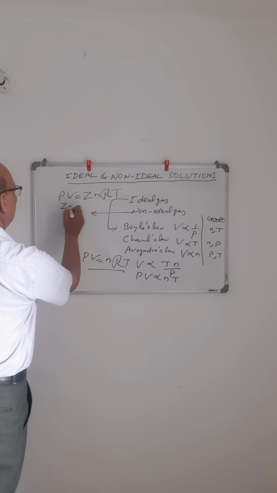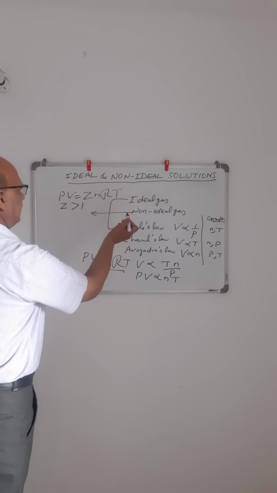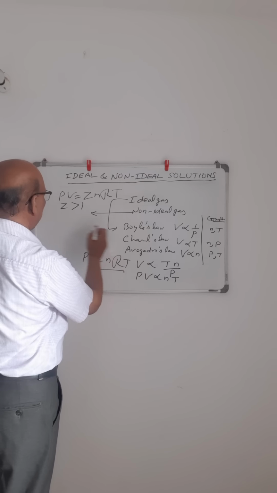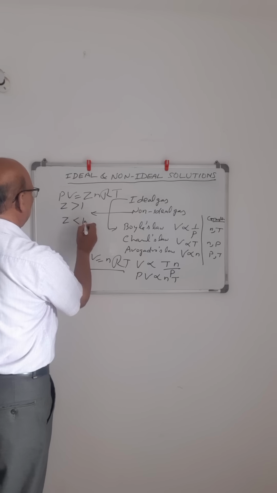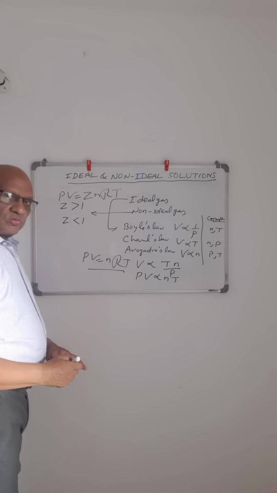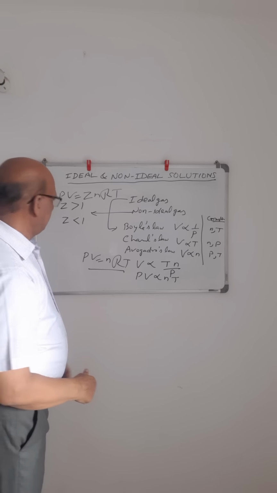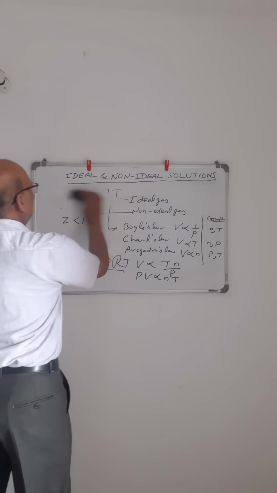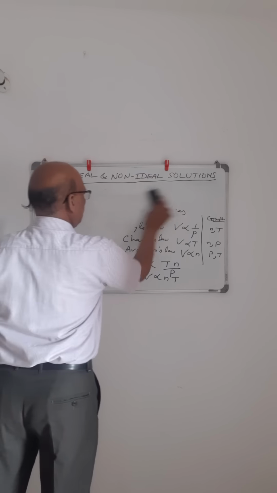If Z was greater than 1, we say that this gas is showing positive deviation from the ideal behavior. If Z is less than 1, we said that it is showing negative deviation from the ideality. Similar way, we will study the ideal and non-ideal solutions.